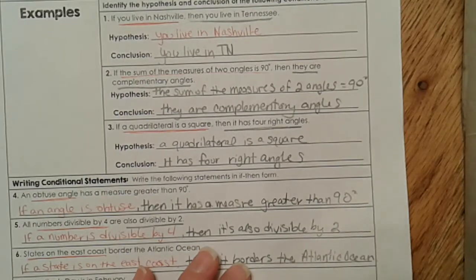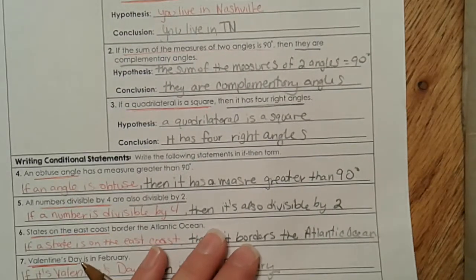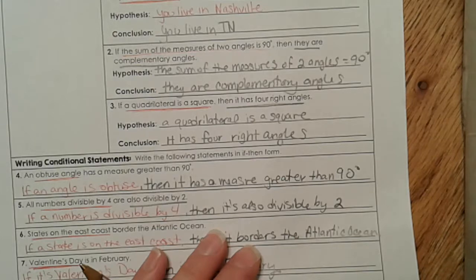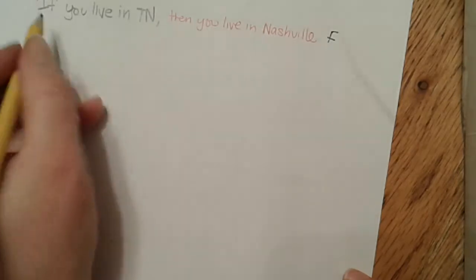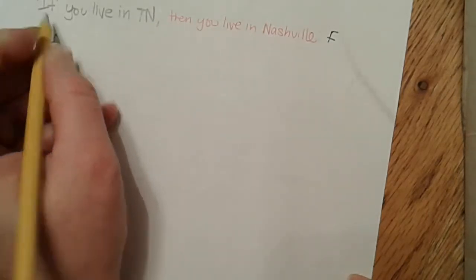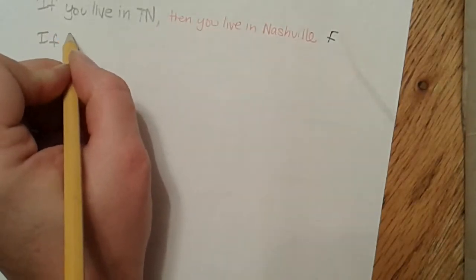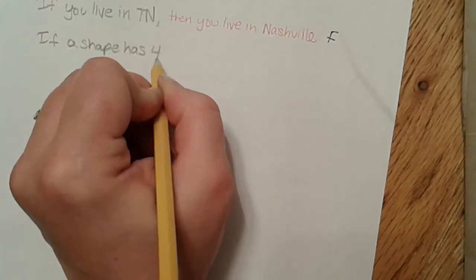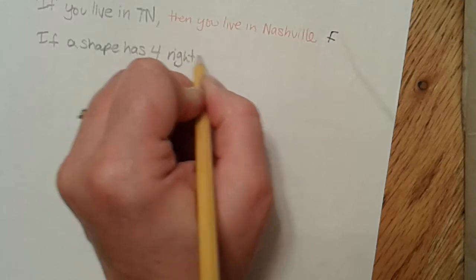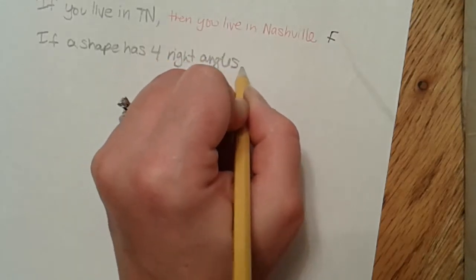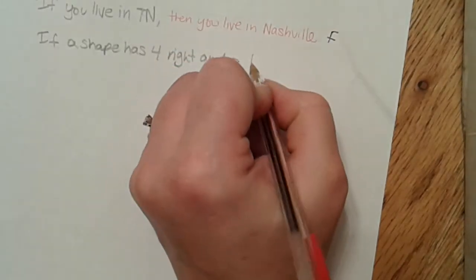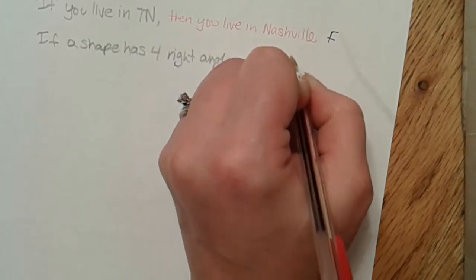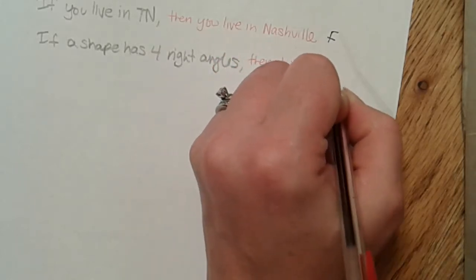So one of the other ones we looked at was, if a quadrilateral is a square, then it has 4 right angles. So, if a shape has 4 right angles, then it is a square.